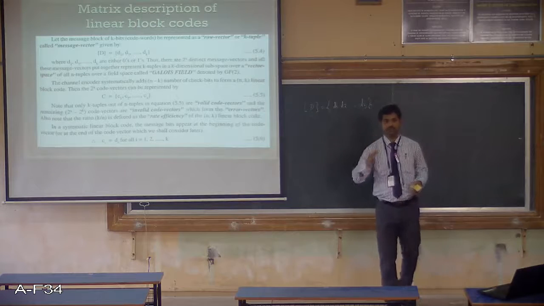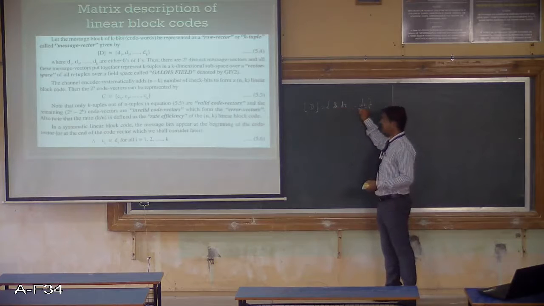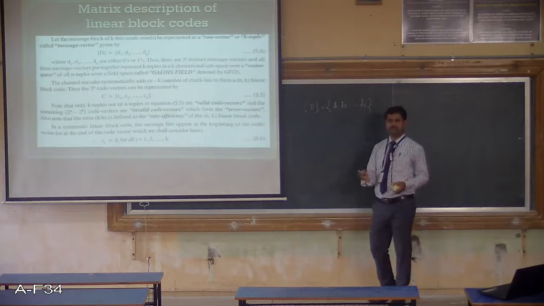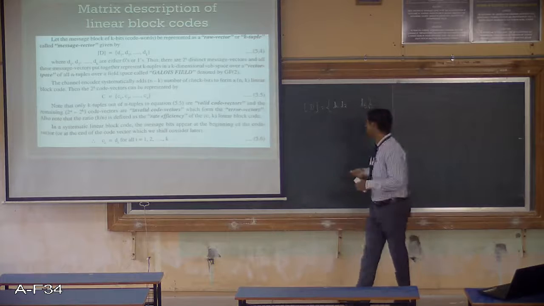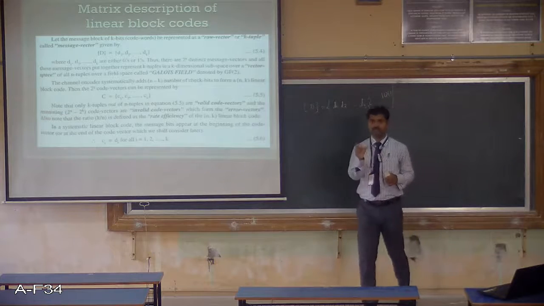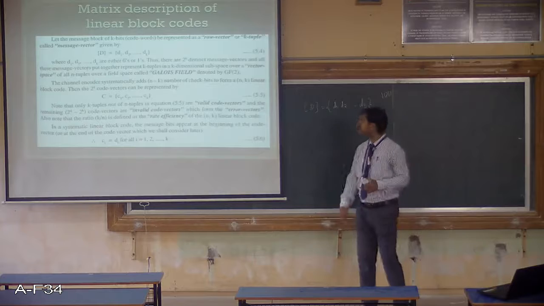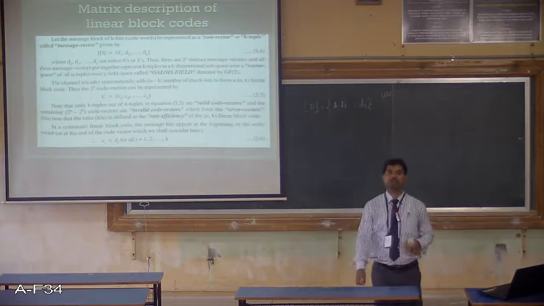Suppose we have 4 information bits, then it is d1, d2, d3, d4. These data bits may be either ones and zeros, because after all we are just dealing with binary coding. For example 1011 is one type of data. So the data vector is d1, d2, so on up to dk.